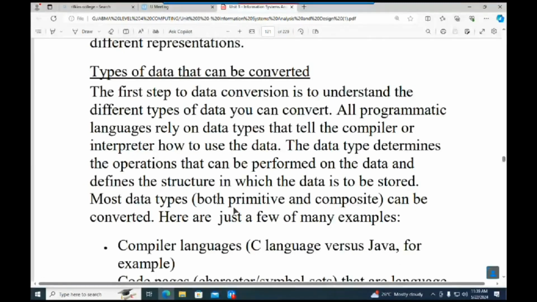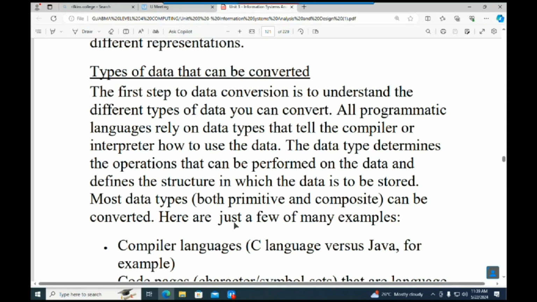Now, what are the types of data that can be converted? For you to convert data, the first thing is that you need to understand the different types of data that you can convert. So we have programming languages that rely on data types that tell the compiler or the interpreter how this particular data should be used.